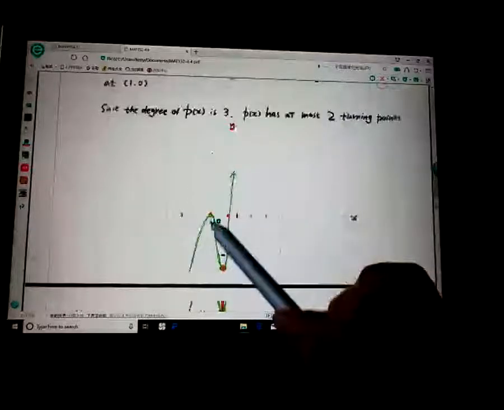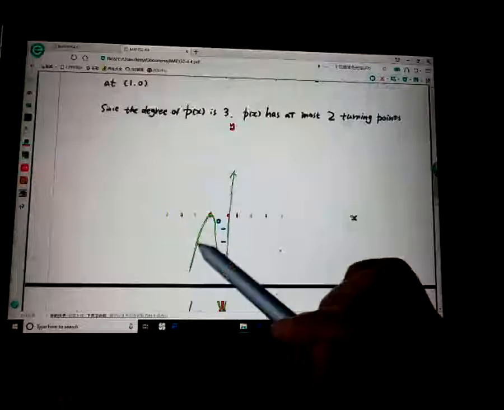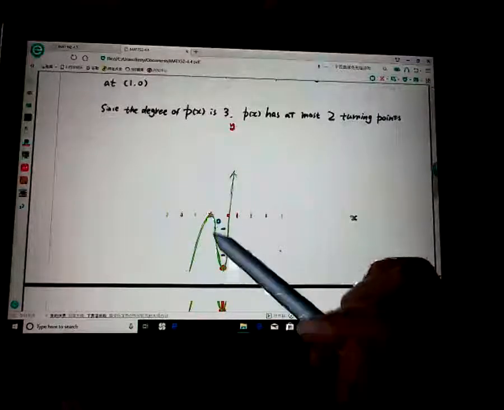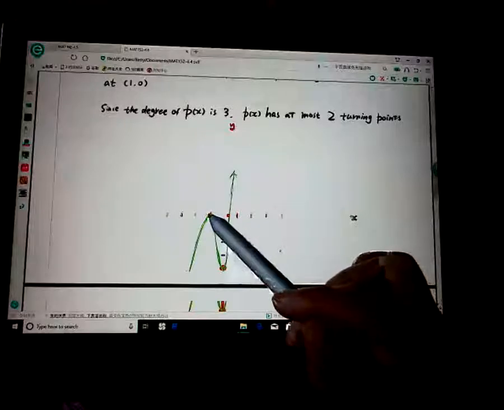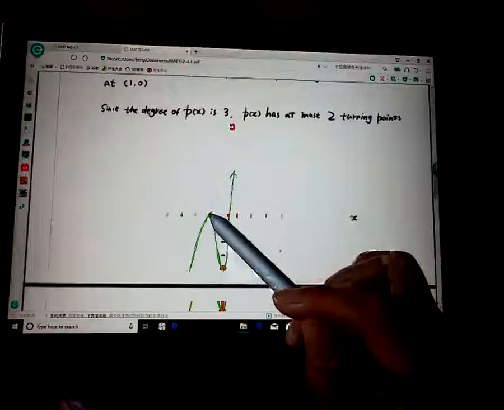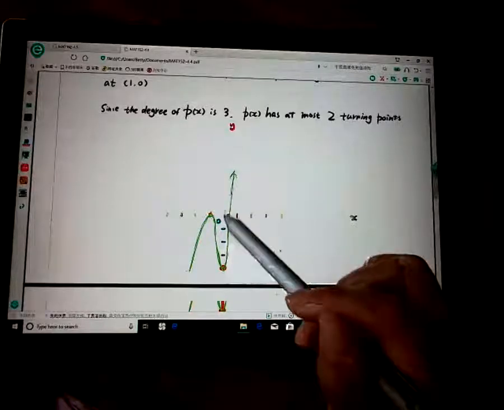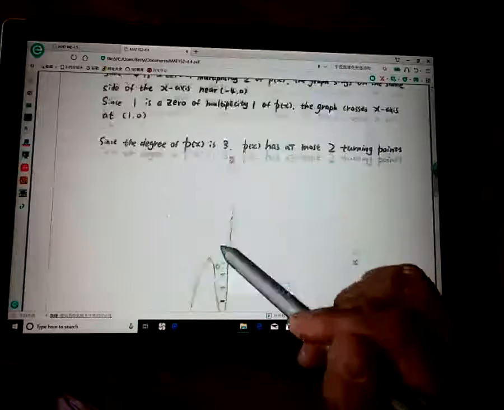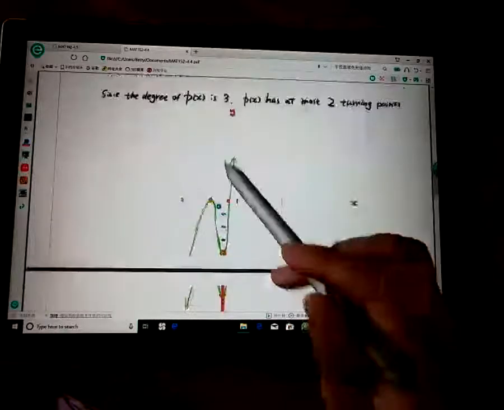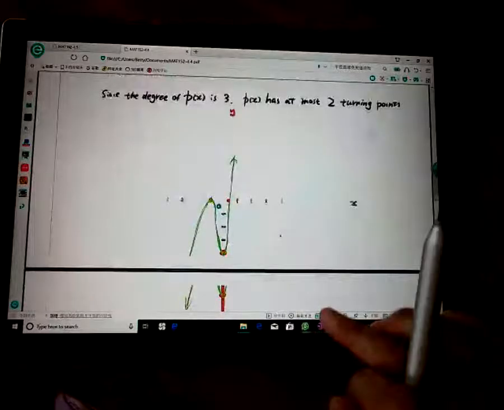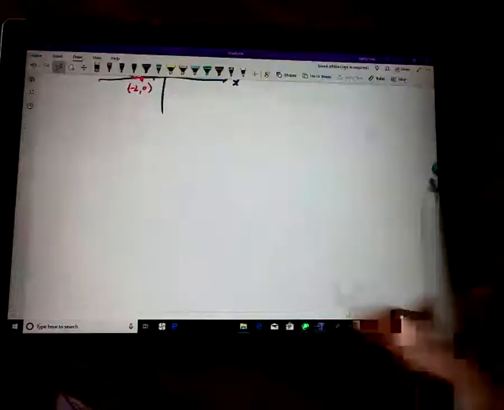This is -4. It gets closer and touches and bounces back, because -4 is a 0 of multiplicity 2. 2 is even, and at 1 the function crosses. So this is the vertical scale. Actually, I can draw it here for you.